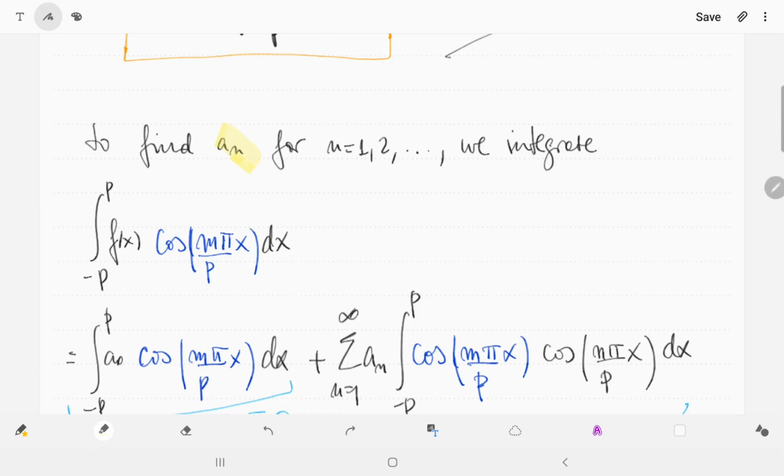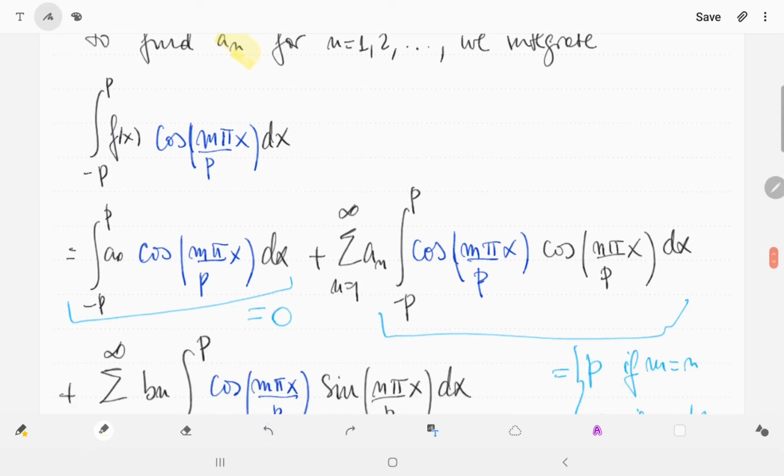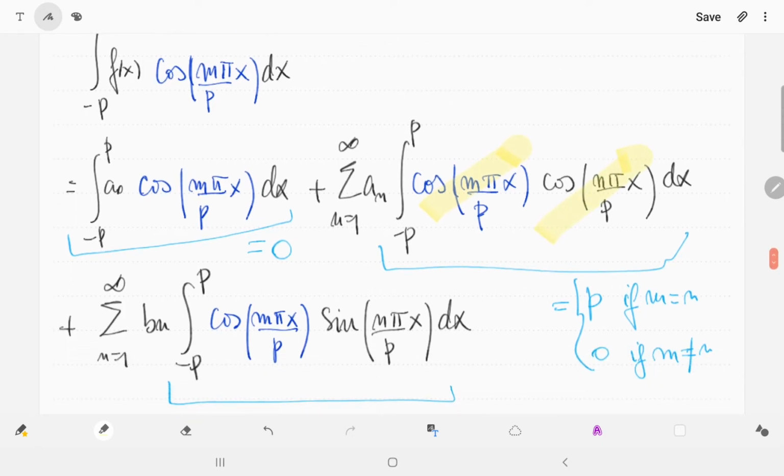Again, we put in the expression of f, which is a0 plus the series of cosines plus the series of sines, and replacing that we have a0 times this cosine, cosine times another cosine, and cosine times sine, where m is fixed at the beginning and n is varying in the series.